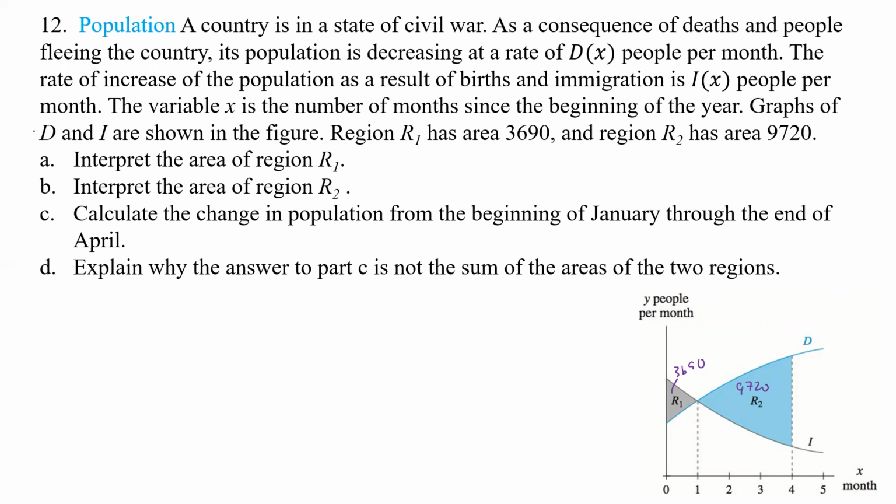All right, so it looks like we have a lot of stuff, so we'll have to write on the next page. So A, area of region 1. Well, it looks like the number of people immigrating during the first month is increasing by 3690 compared to the people leaving or dying.